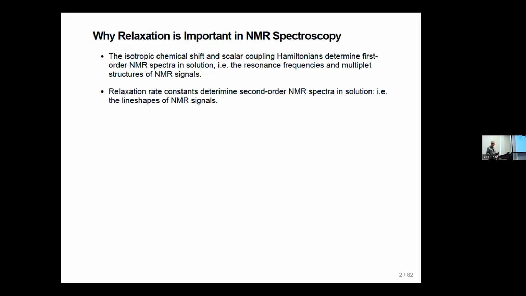So far, we've talked about what would be called first order spectra. The first order spectra are where the resonance lines are, what the multiplet structure is. What's called the second order spectra determine the line widths. And of course, we're quite interested in both.